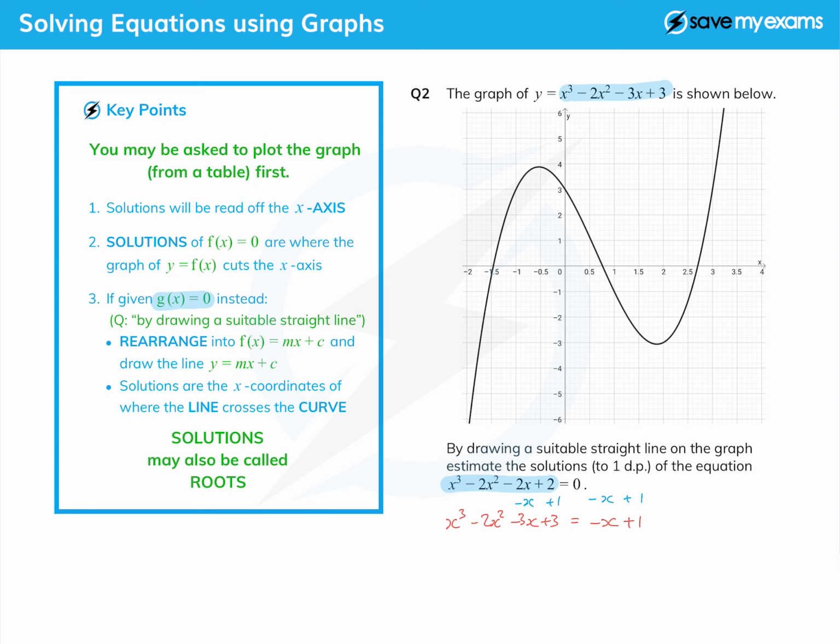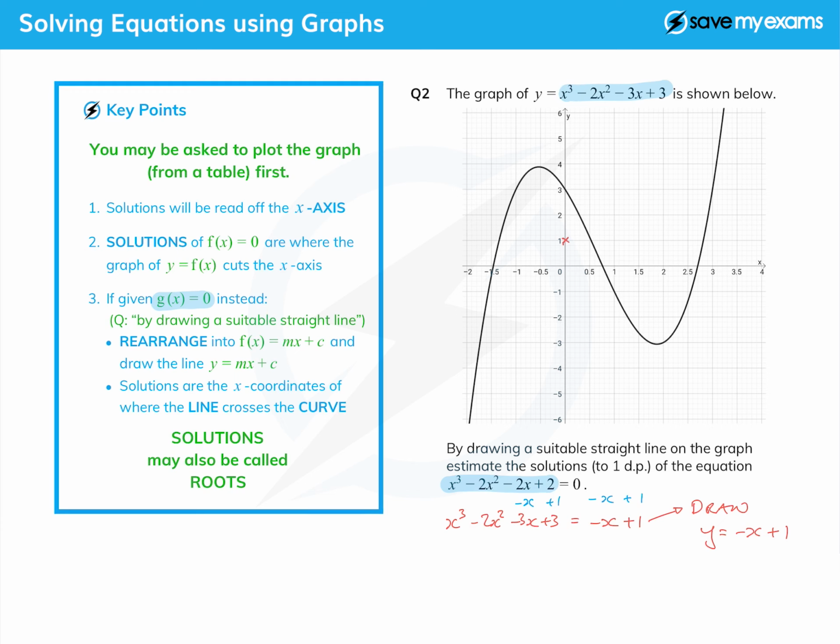So now we simply draw y equals, I need a minus sign in there, minus x plus 1. If you don't know how to do that, you need to look at the tutorial on drawing straight lines. But I hope you know that it crosses the y-axis at 1, that's the plus c, the y-intercept, so it goes through this point here.